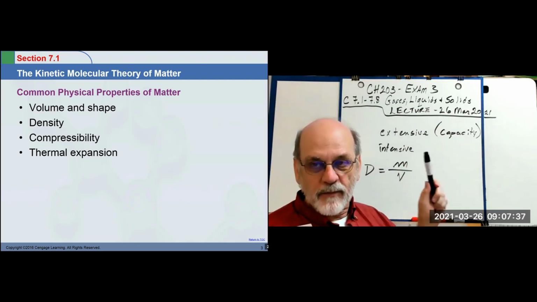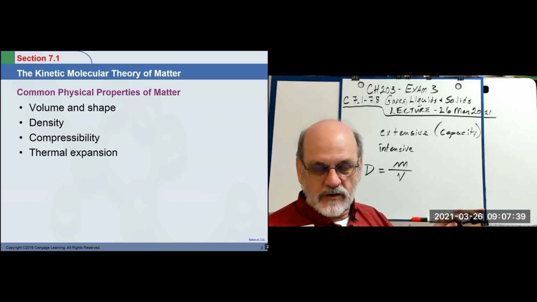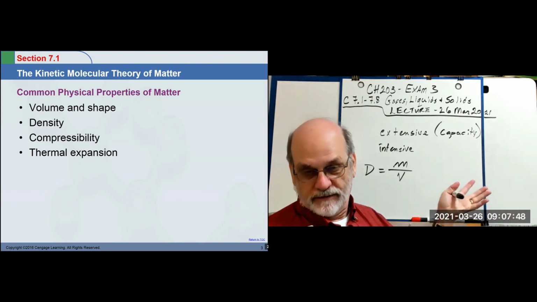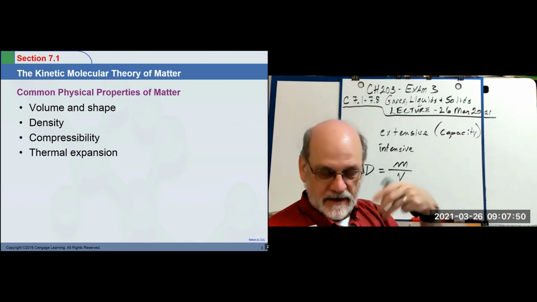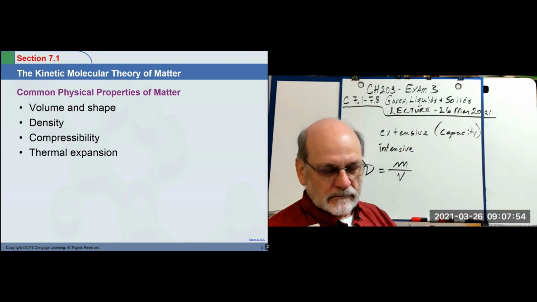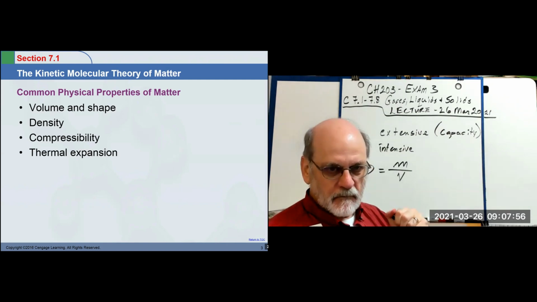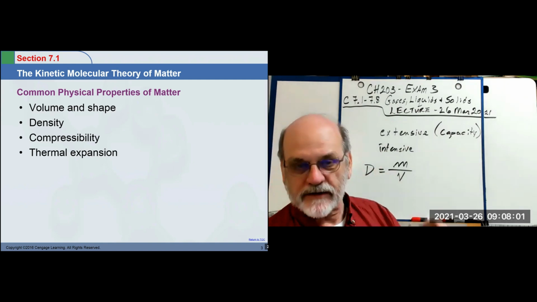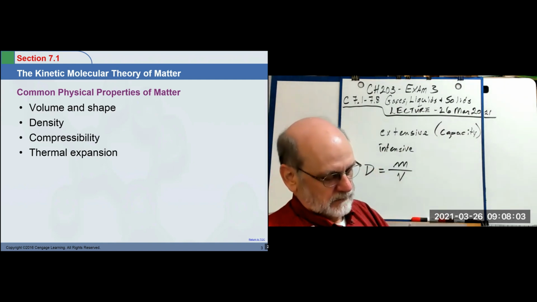And intensive properties do not change with amounts of the substance. We could have a room full of gold, and it would still have a density the same as a coin. Okay, so we'll come back to that one and probably use density again in calculations.